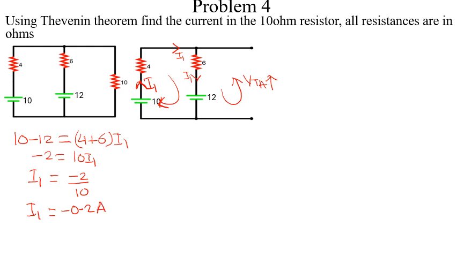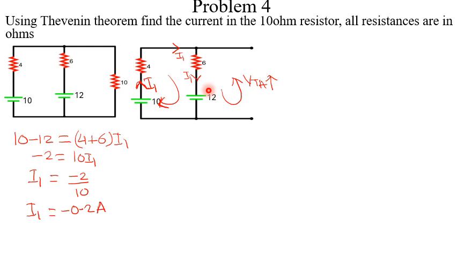After finding the value of I1, we now write the equation for the second loop, going anti-clockwise, to find VTH. VTH is moving in the anti-clockwise direction, and this one is also moving anti-clockwise. VTH and the voltage sources give the sum of voltage sources equals the sum of voltage drops.